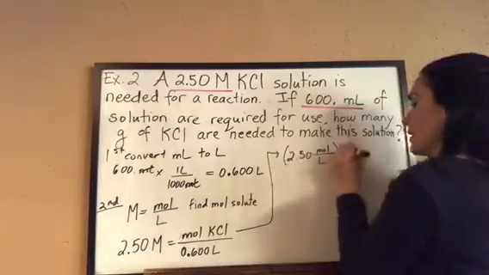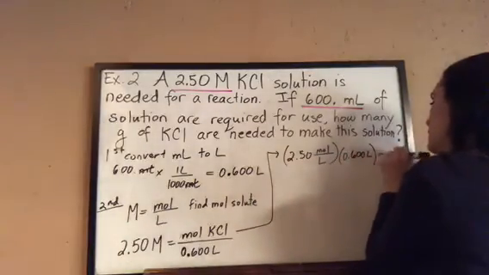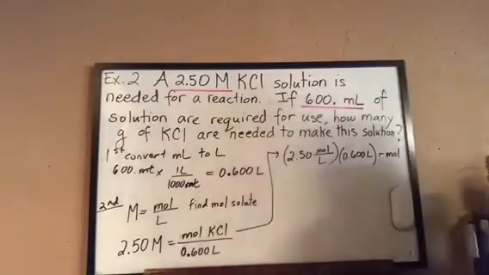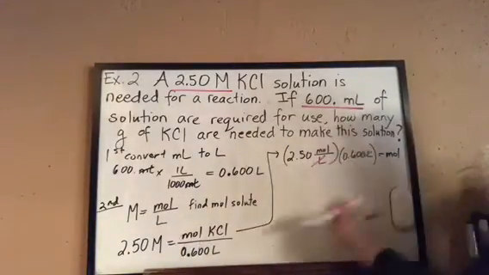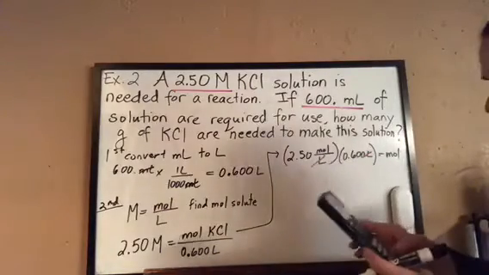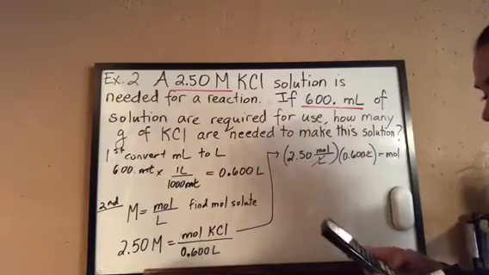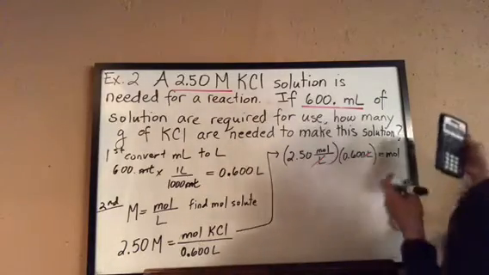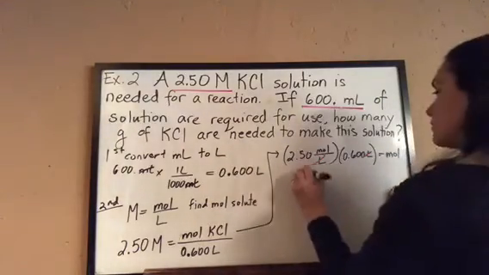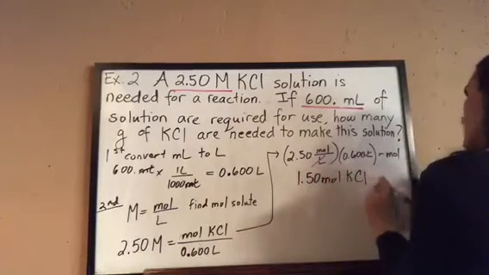So if we look at it in this way, we see that liters would cancel out and we would be left with the moles of the potassium chloride. That would give us a product of 1.50 moles of potassium chloride.